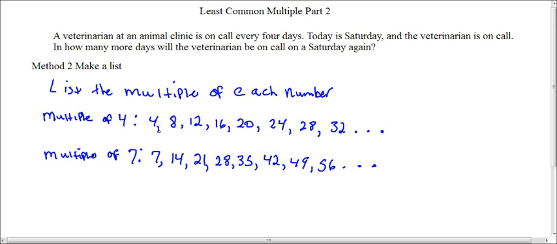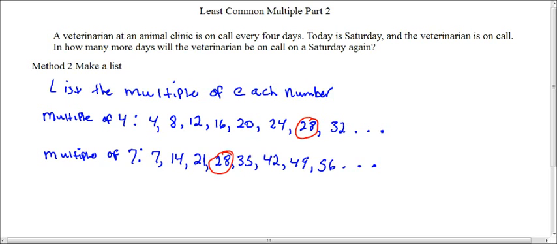So I'm looking and I'm comparing, and I see 28 and I see 28. And that number comes before any other number. There could be other common multiples, but 28 is the first number that appears in both lists.